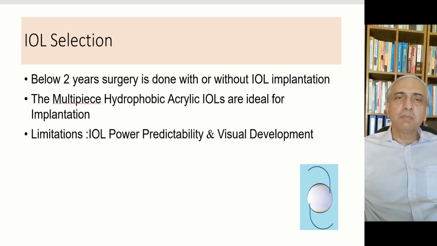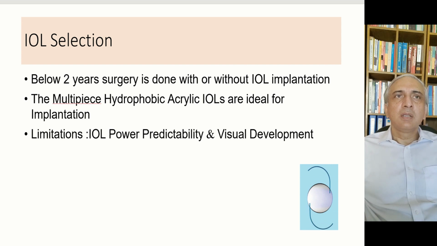Because the main problem below 2 years of age is, if you cannot put the IOL in the bag or manipulation is too much in the anterior chamber, the eye can just be lost. So if you are not at that stage, just do a simple lens extraction with posterior capsulotomy with anterior vitrectomy for a congenital cataract, and place the IOL later on in the sulcus.